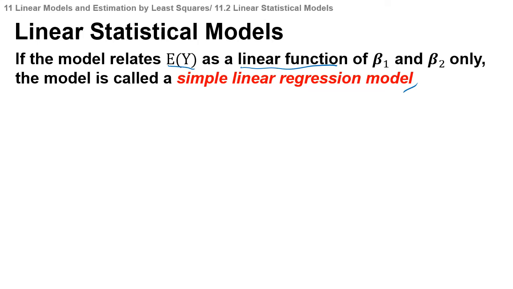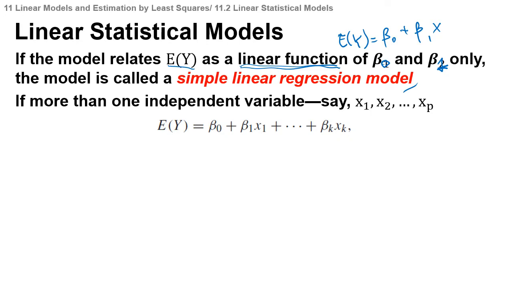There should be a lot of functional forms, but let's think about the simplest case. If the relationship is a linear function, in the textbook this is beta 0 and this is beta 1. There is a typo. Anyway, if the expected value of y is only related to two beta parameters, we say it's a simple linear regression model.